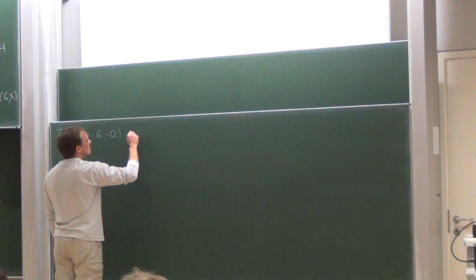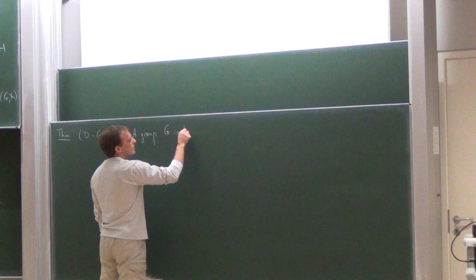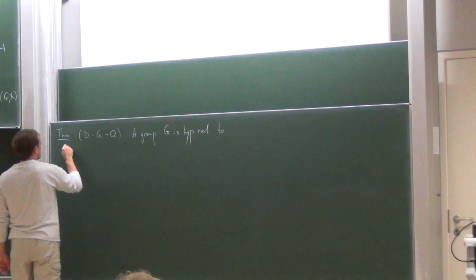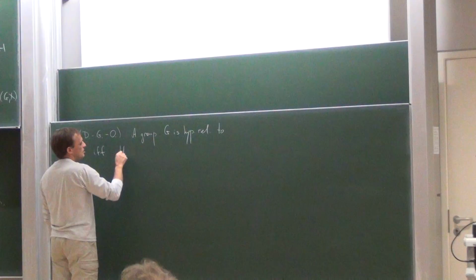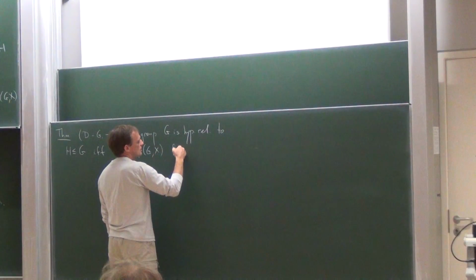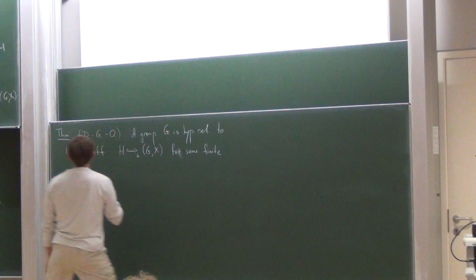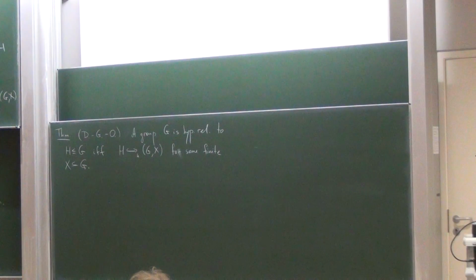The theorem says that a group G is hyperbolic relative to a subgroup H if and only if H is hyperbolically embedded into G with respect to X, for some finite subset F of G. So if you are already familiar with the notion of a relatively hyperbolic group, that's a theorem. If you are not, that's a definition.